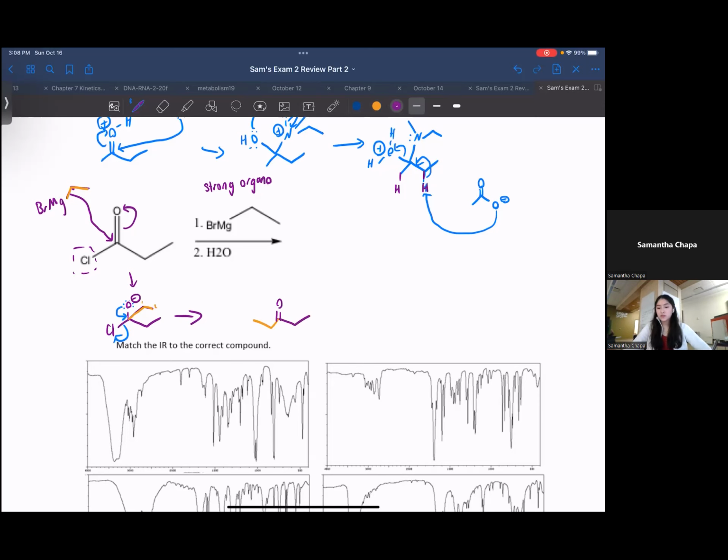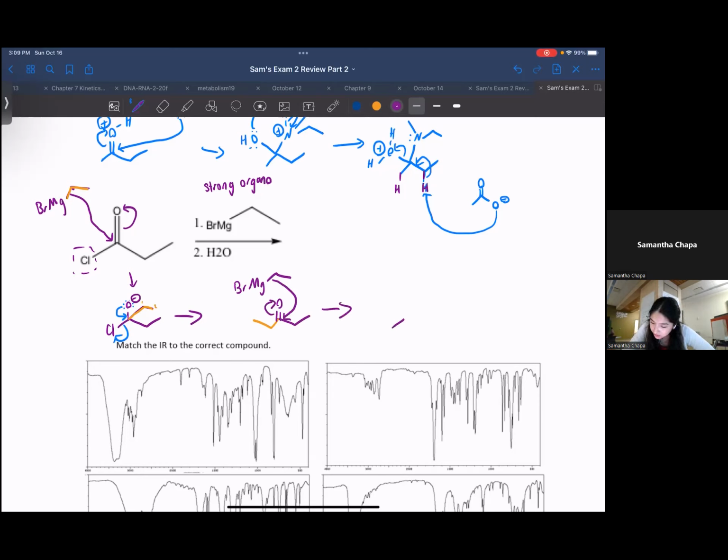Cool. Okay, so again, we have a stronger organometallic, so we're going to be able to attack more than one. This is going to be our second attack. The attack comes from the nucleophilic carbon bond to the electrophilic carbonyl. Break open the carbonyl.